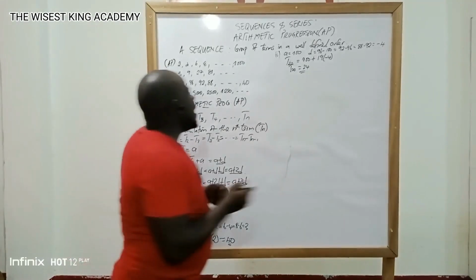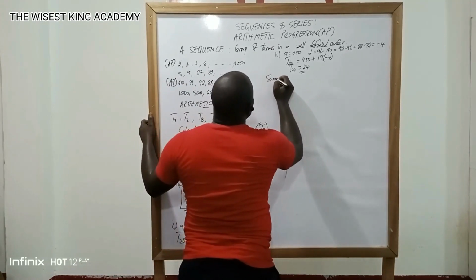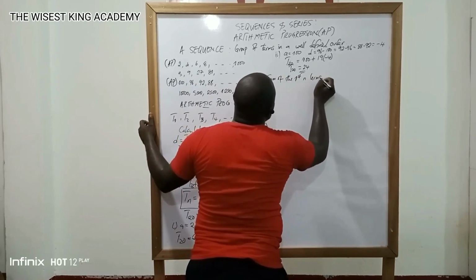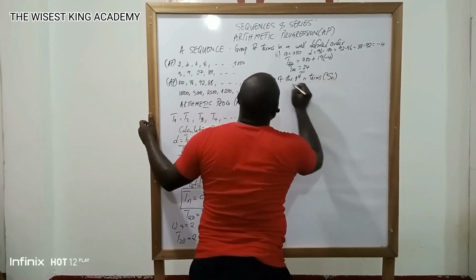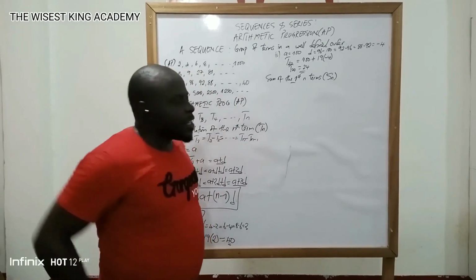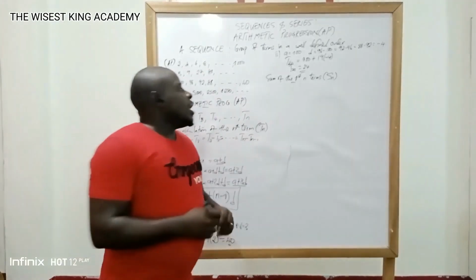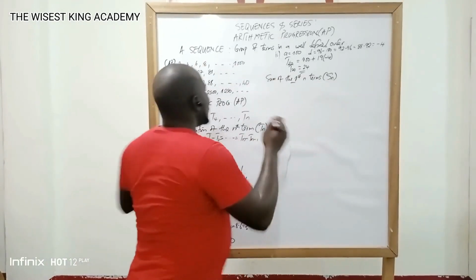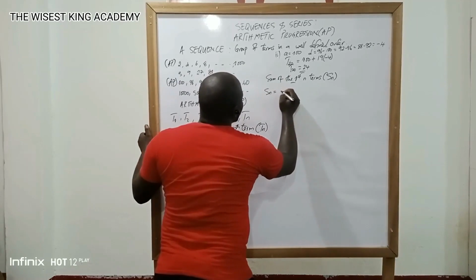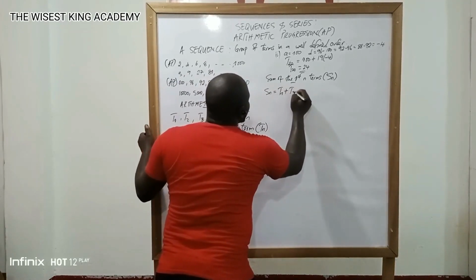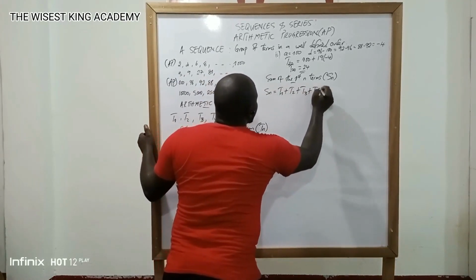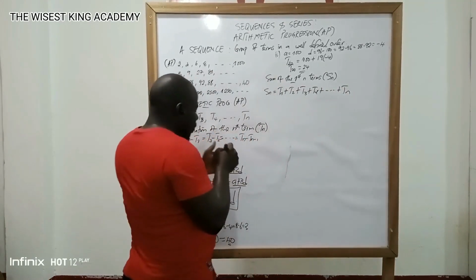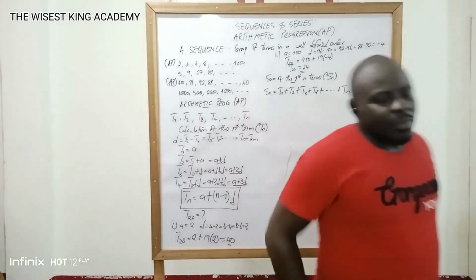Now, let's look at the sum of the first n terms. This one we call Sn, the sum of the first n terms of an AP. Now, first 20 terms, first 50 terms, first 100 terms. This will be given as follows. Sn equals T1 plus T2 plus T3 plus T4 plus and so on, plus Tn. Please note this.